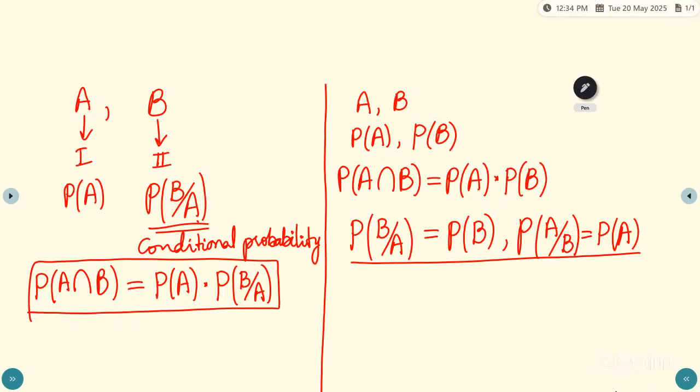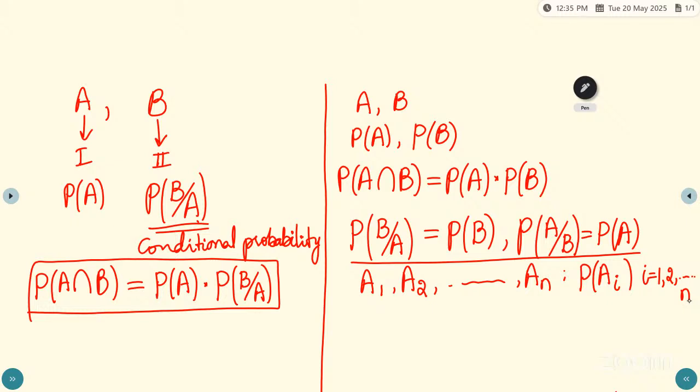If A1, A2, so on, An are n number of independent events with their happening probabilities P of i for i equals 1 to n.